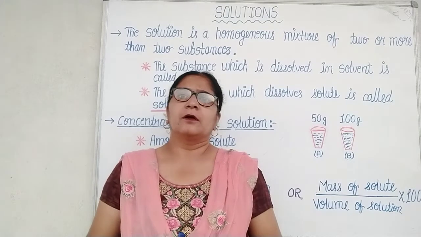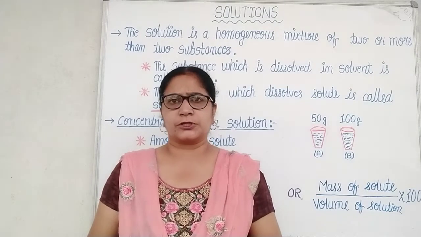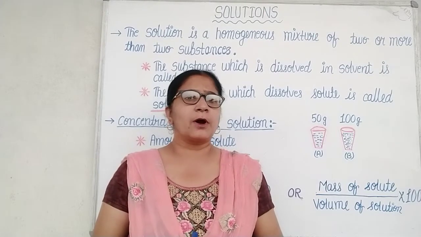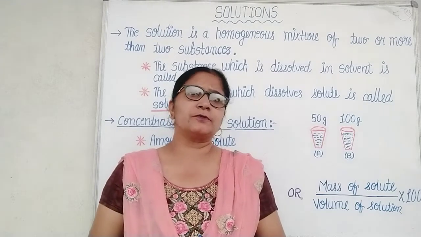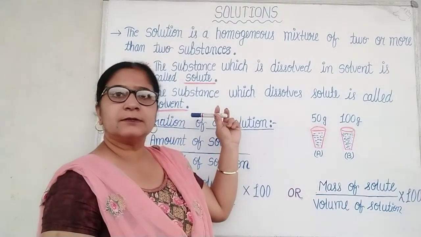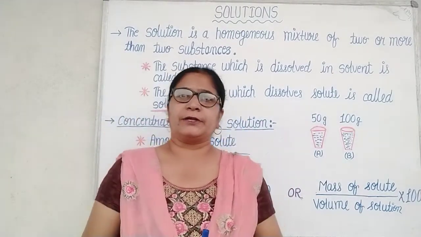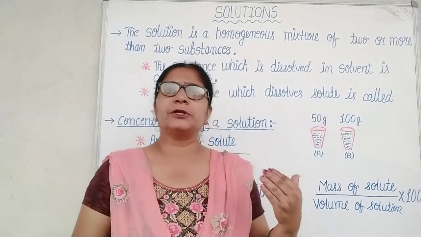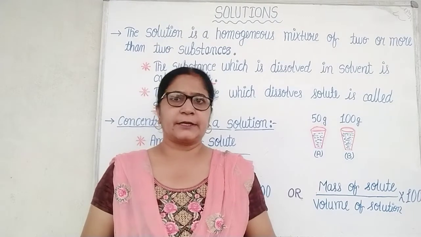Now we are talking about solution. When we say solution, we talk about two components of a solution. One is solute and the second is solvent. So let us study this solute and solvent in detail.